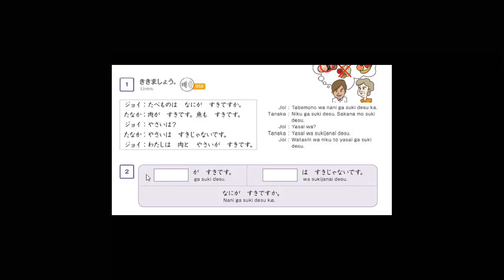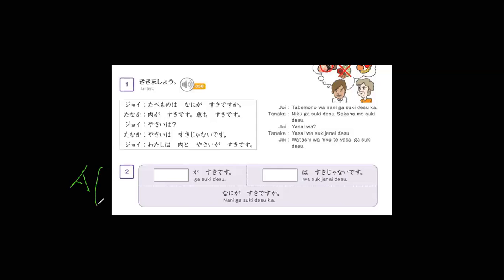Let's see the three expressions in this passage. Blah blah blah が好きです。Blah blah blah は好きじゃないです。As I said before, the left is affirmative and the right is negative. So for the affirmative expression, we use が here.